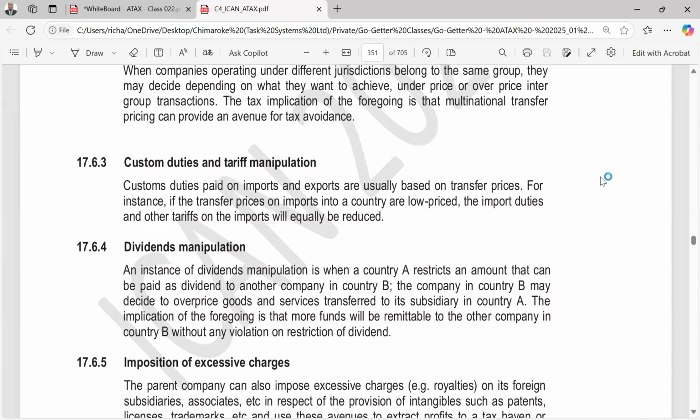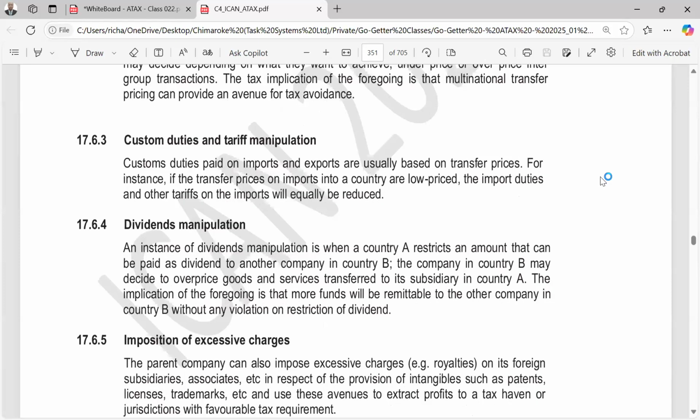Sometimes too, it also happens with exports. You may want to overcharge. So when you manipulate Nigerian imports so that you have high import rates, you may also want to use that as a tool, because those things too have their own place.